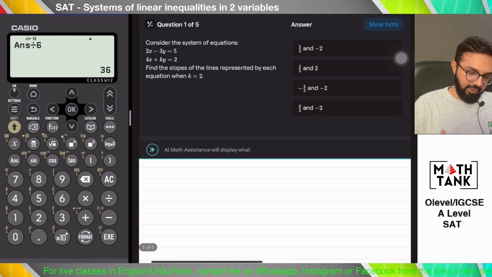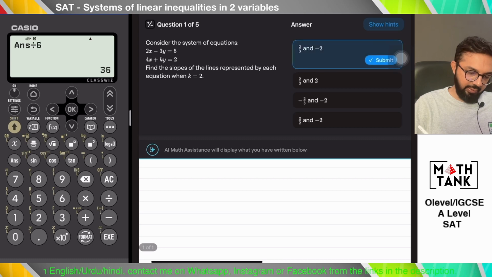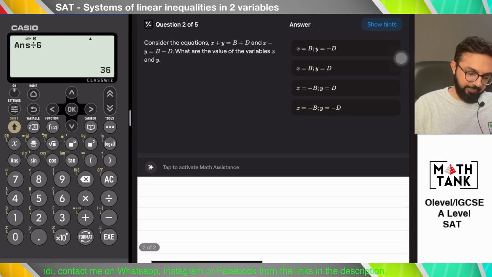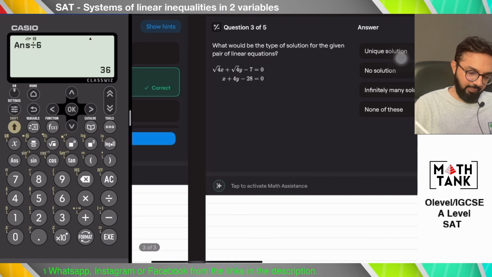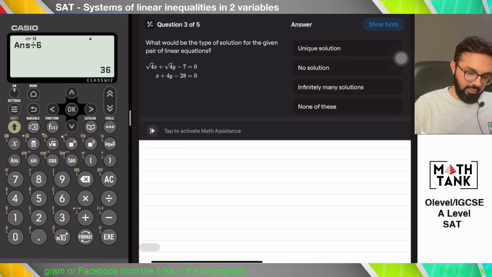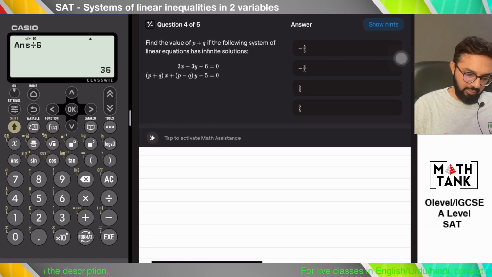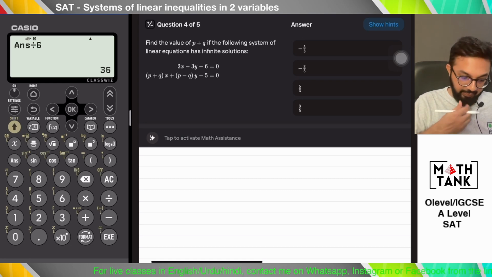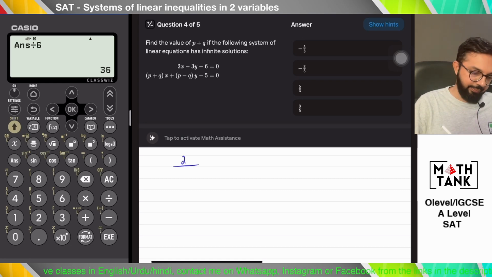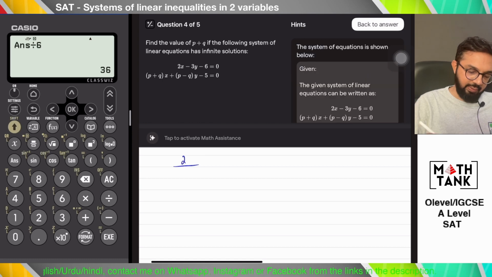Okay, it's going to repeat because I've made a mistake. Unique solution. Okay, I've forgotten the answer to this one, so I'll have to solve it again.